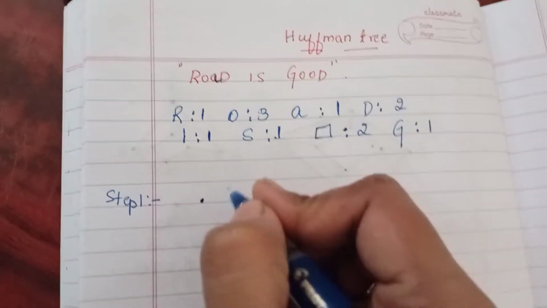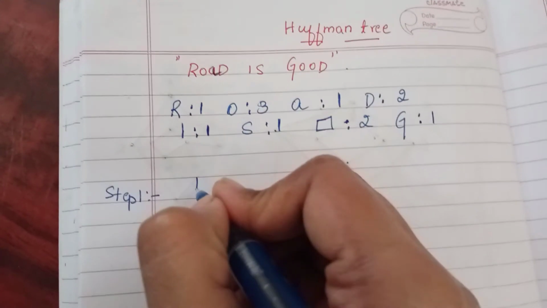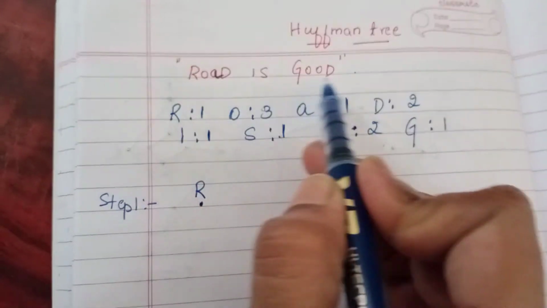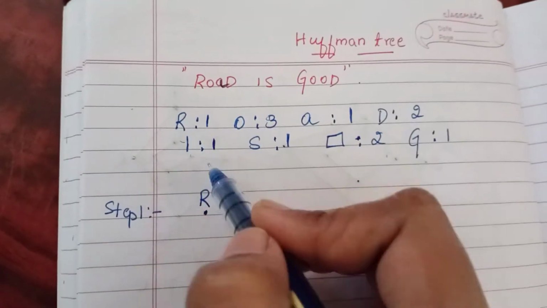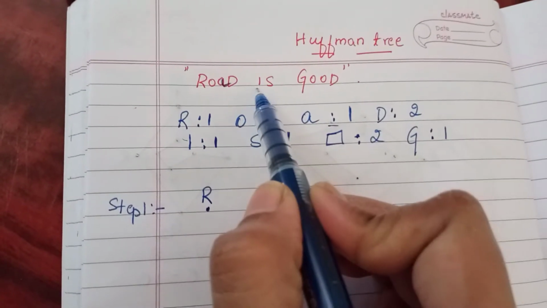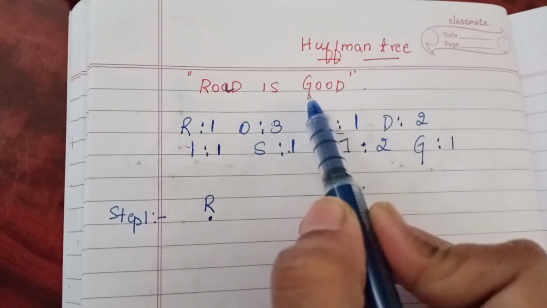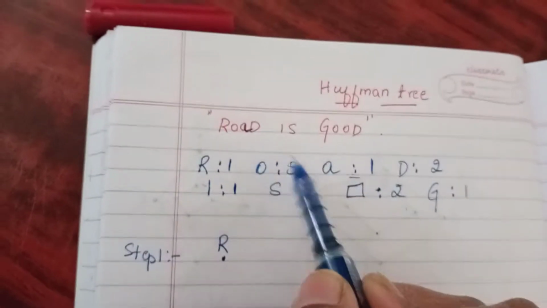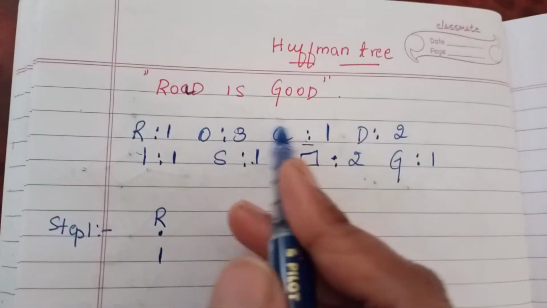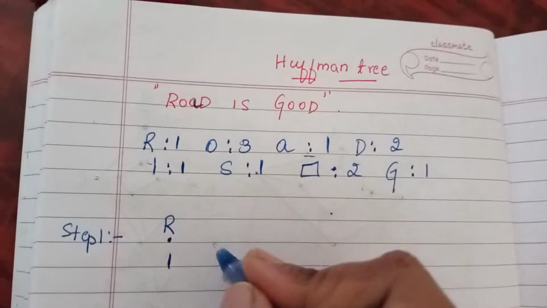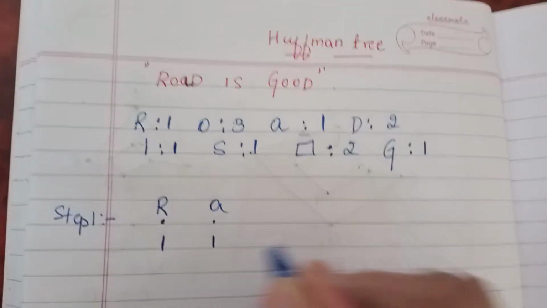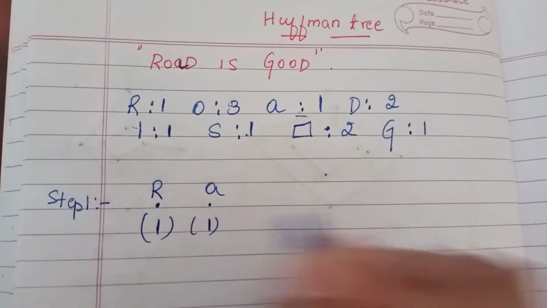If that is the condition, then you need to consider them in the order in which they are present in road is good, where R comes first, next A comes, and I is here, and next G. Road, it is one time. A comes next. The frequency of A is 1.